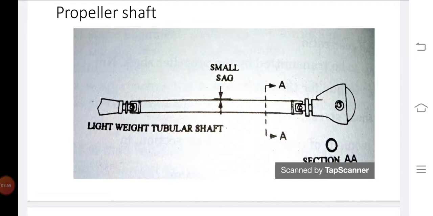This keeps the center of mass very nearly on the longitudinal axis, to minimize whirling speed of the propeller shaft.